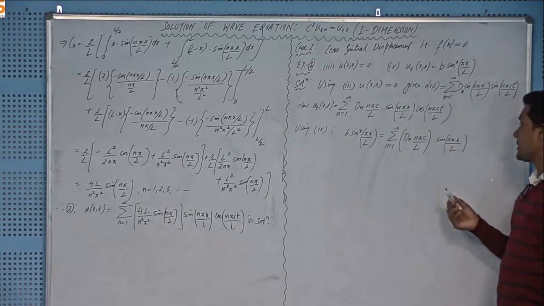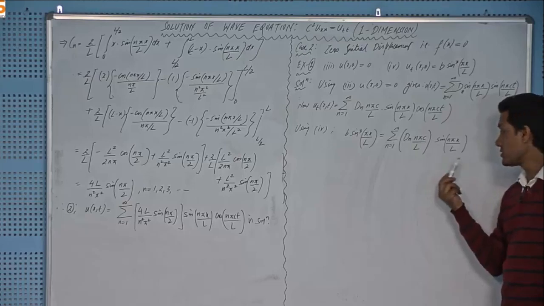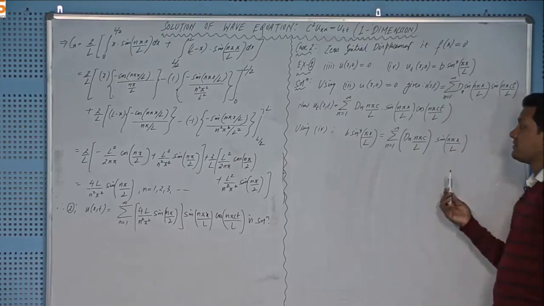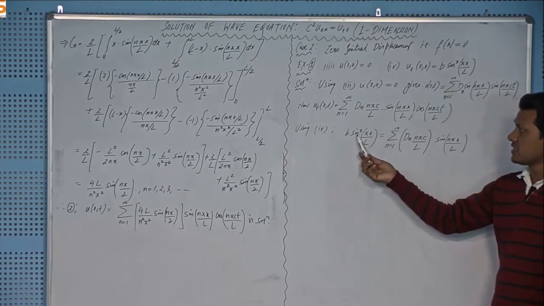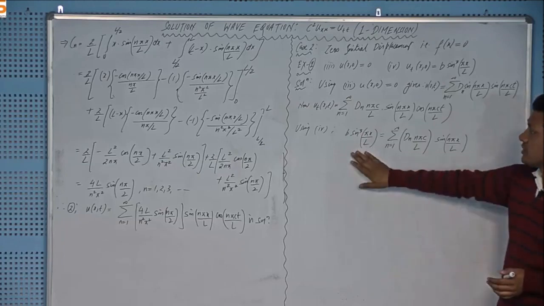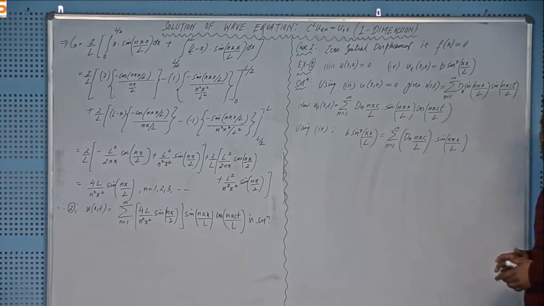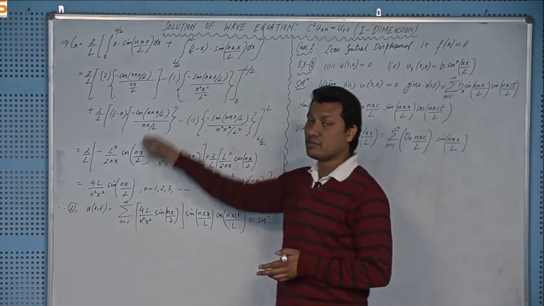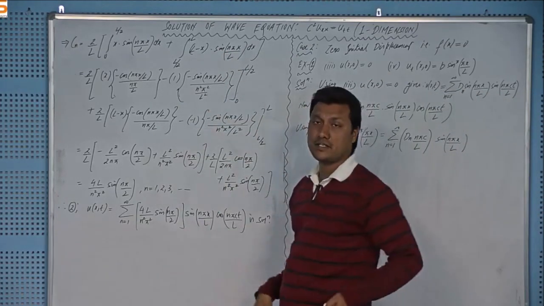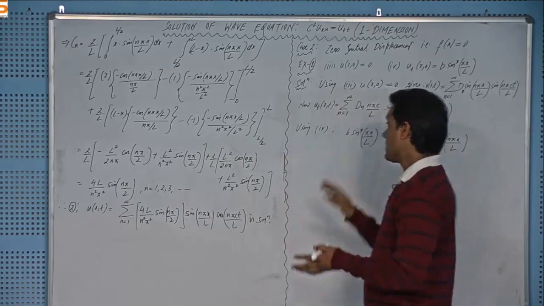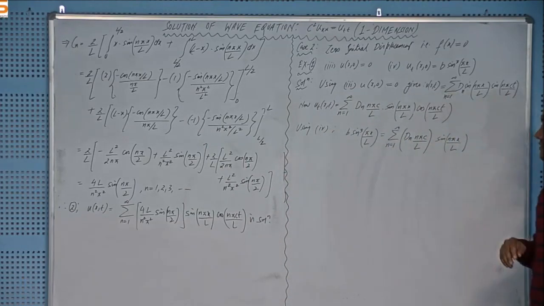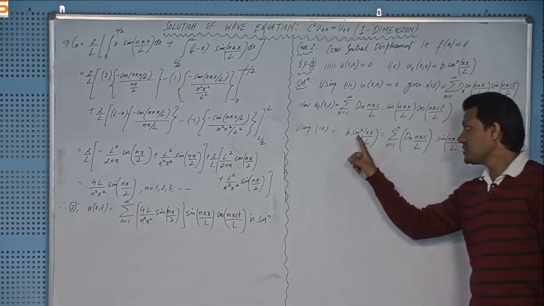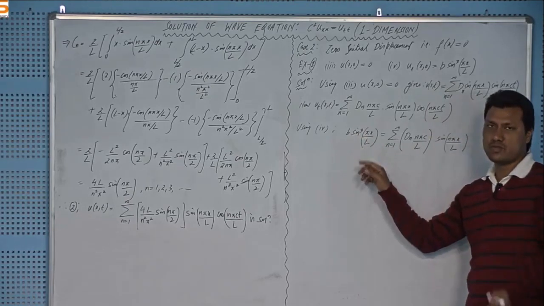Now you can see that the right hand side contains sine terms and the left hand side is luckily sine, not sine but sine cube, but that can be converted into sine functions. If you don't want to use that Fourier series integral, because that is too complicated to integrate and put the limits correctly, I will rather change this sine cube theta in terms of sine 3 theta.